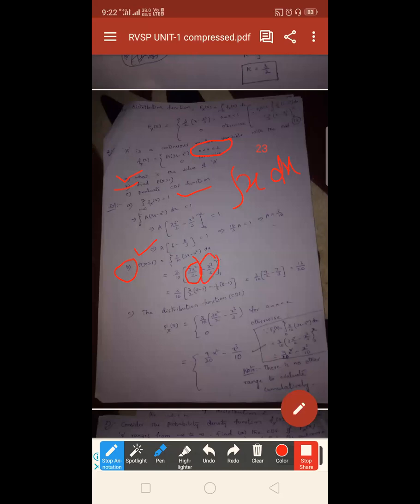After applying integration, substitute the limits, which are 1 to 2. First, instead of small x, substitute the upper limit: 3 by 2 into 4 minus 1, because 2 square is 4 minus 1 square is 1.